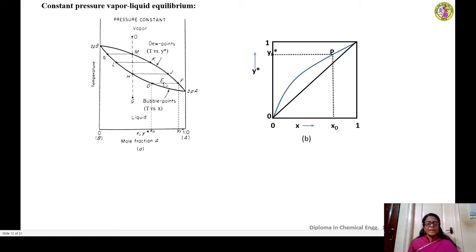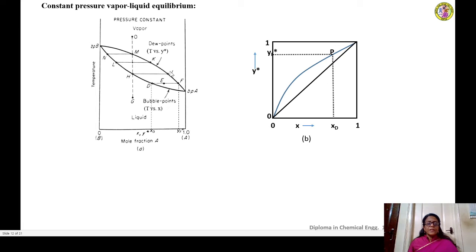See, the tie line DF has two endpoints. One is point D, which corresponds to XT. The same XT value can be represented on the x-axis in the distribution diagram. So this diagram of y star versus x is also called as distribution diagram or equilibrium distribution diagram.